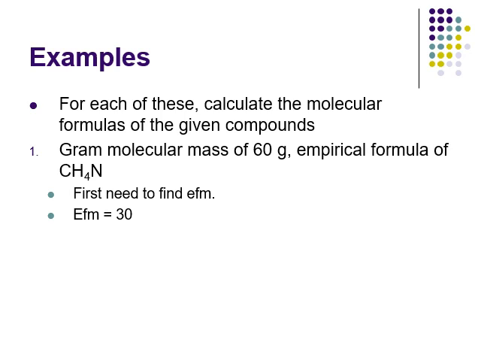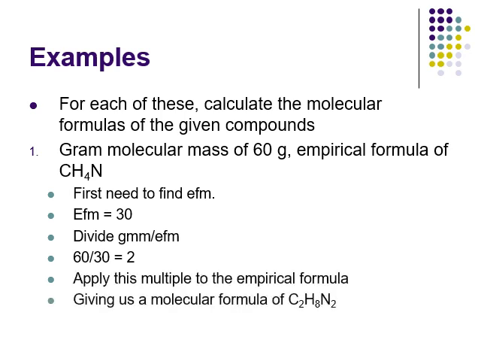So the empirical formula mass is 30. I now take the molar mass, or the GMM. So 60 divided by the empirical formula mass, 30, gives me the whole number 2. I can now multiply all of the subscripts by 2, giving me C2H8N2.